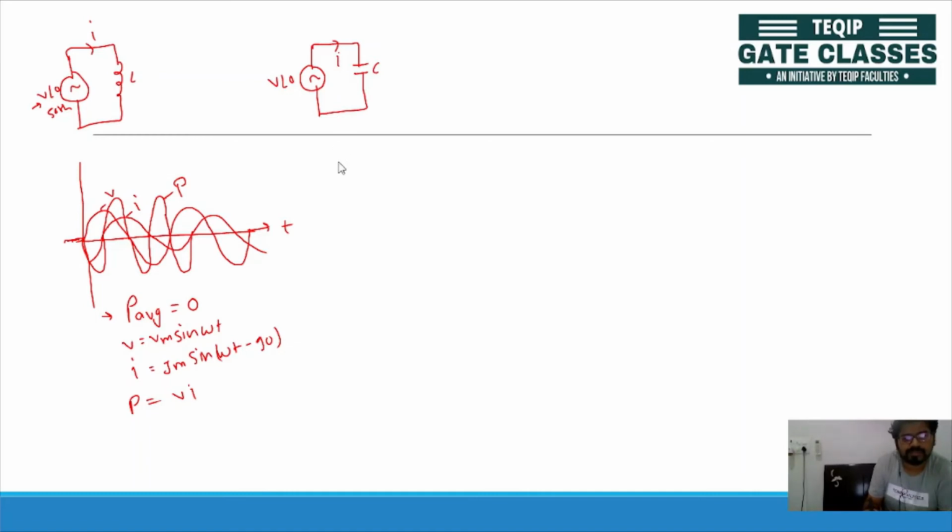What is the current-voltage relationship for a capacitor? We know I = C dV/dt. If you convert it into phasor form, you will get I = C j omega V. From here you will get V = I / (j omega C).